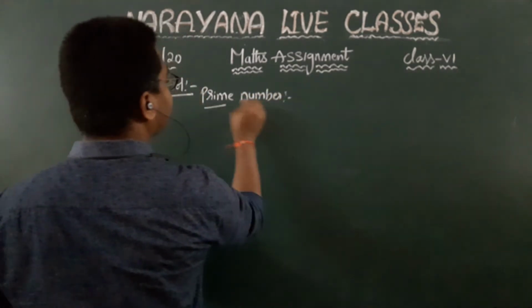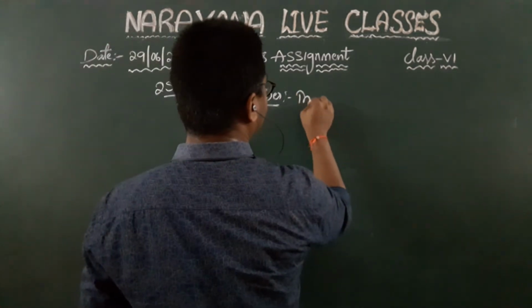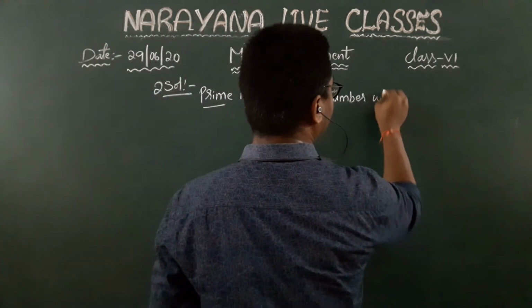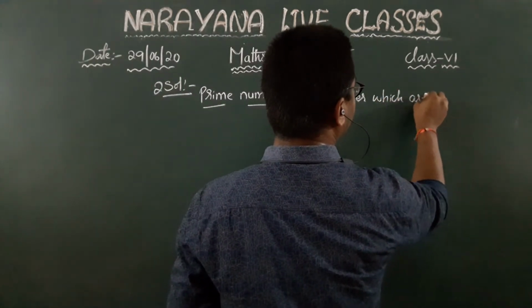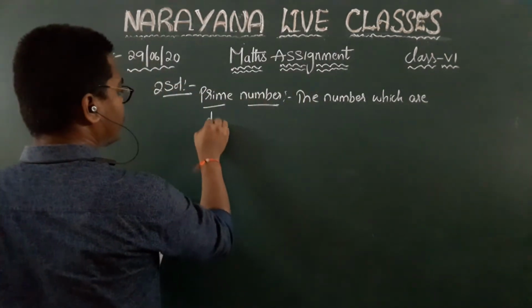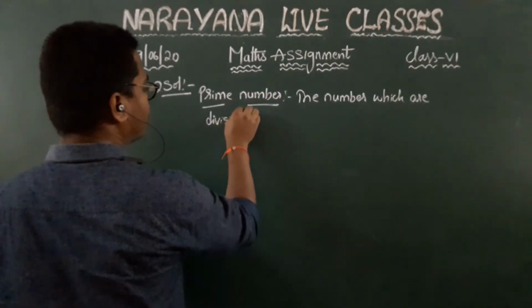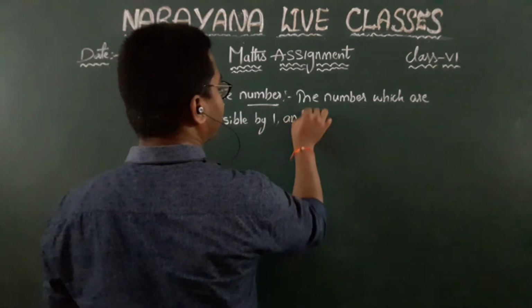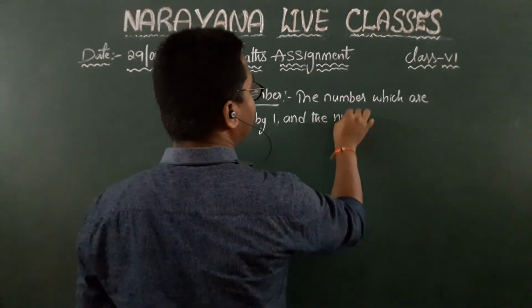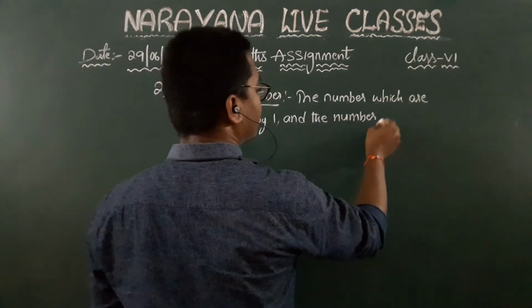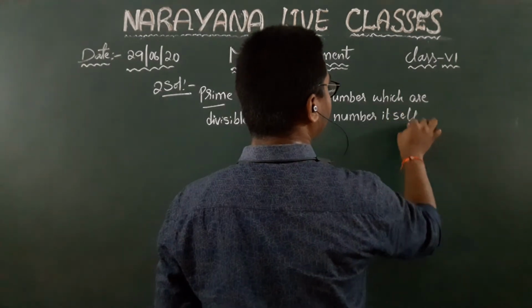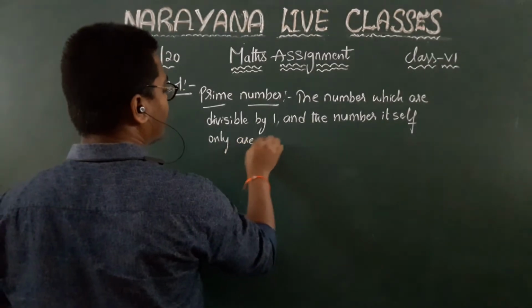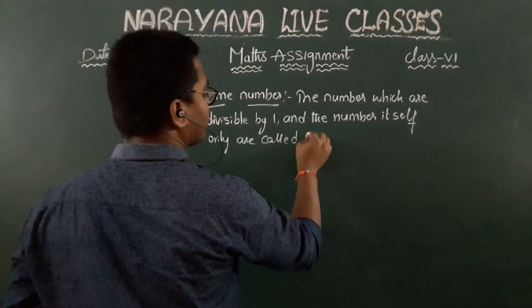So a prime number can be defined as the number which are divisible by 1 and the number itself are called prime numbers.